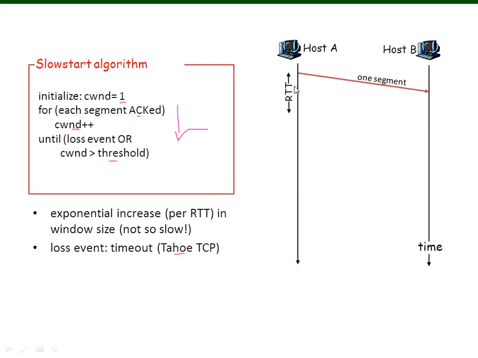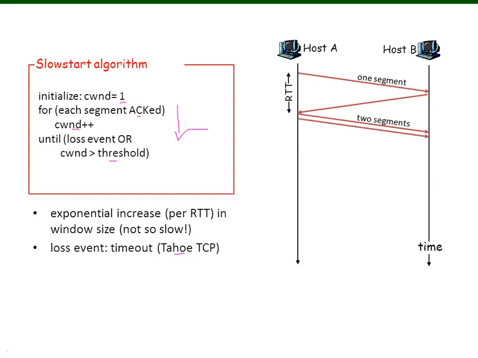If it receives acknowledgement within RTT time, then sender will be sending next set of segments. So initial congestion window size was 1. For this acknowledgement which sender will be receiving, it will be increasing its window size by 1 more. So in the next step, the size of the congestion window will be 2. So 1 plus 1, that is 2. So in the next step, sender can send 2 segments.